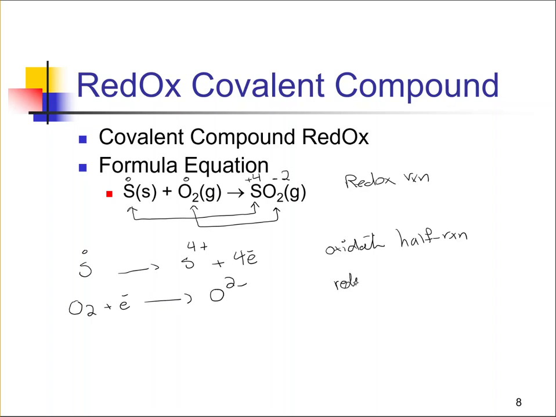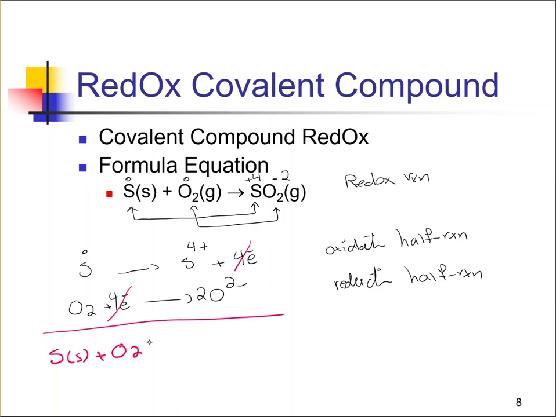So this is our reduction half reaction. Now, in order to balance this, we have 2 oxygen here, which means we have to have 4 electrons. In our redox reaction, we see the oxidation half reaction and reduction half reaction both. The number of electrons being transferred is the same on both sides, so these two cancel out. Our net reaction is sulfur plus oxygen gas, which gives you SO2 gas.